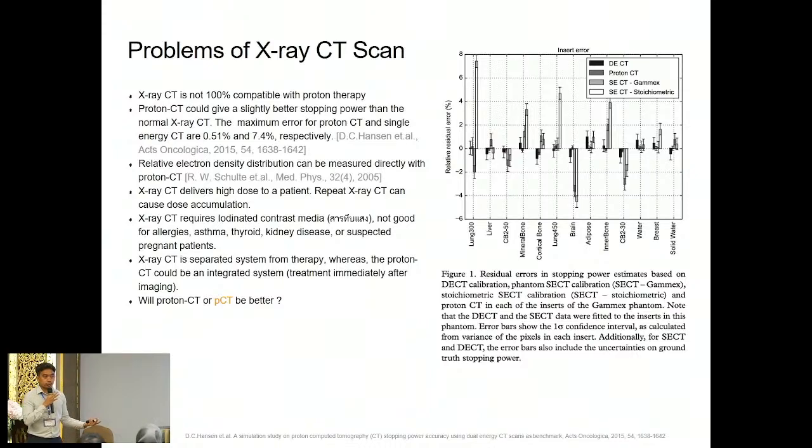This means we can do proton CT more often than X-ray CT, and that would be good for the doctor's treatment. Another thing is, with X-ray CT, I'm not sure, you need the contrast media, no? You have to inject the contrast media, and it's not good for your kidneys, but the proton CT does not really require this.